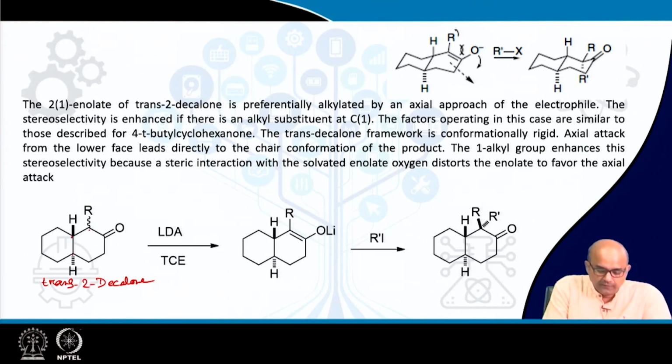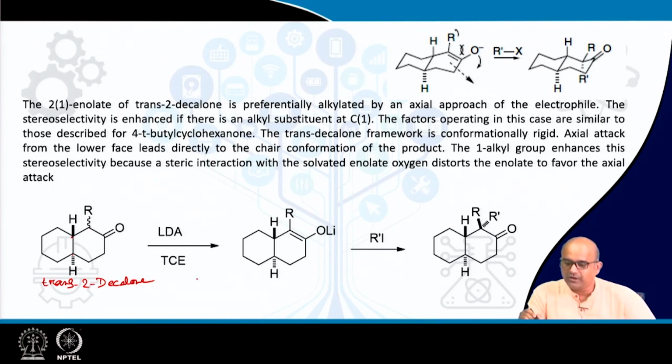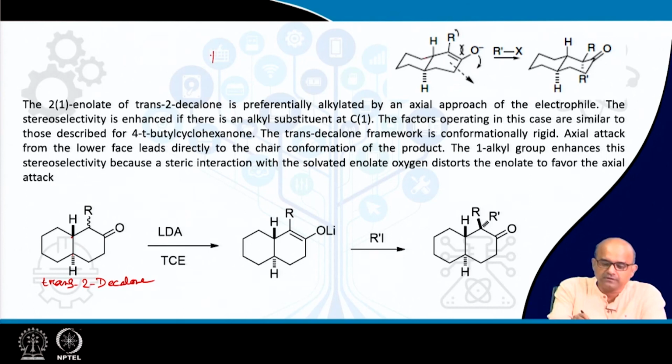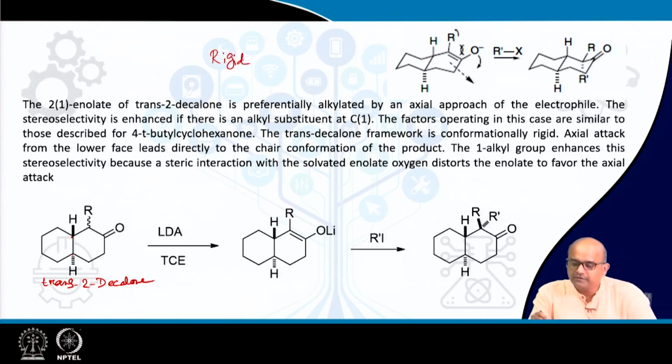There is already a stereocenter here, but no matter, because we are going to generate the enolate here, so hydrogen will be abstracted. First try to think about the initial drawing. The moment you generate the enolate, this is rigid, more like a 4-tertiary butyl cyclohexanone, so it cannot flip. This ring is a rigid trans decalone, meaning this is fixed.